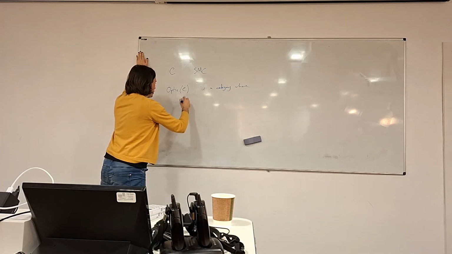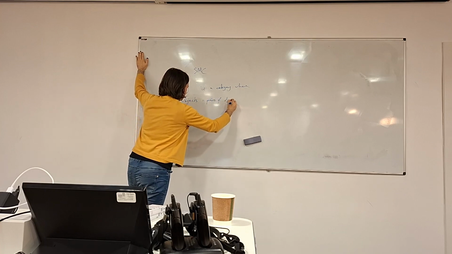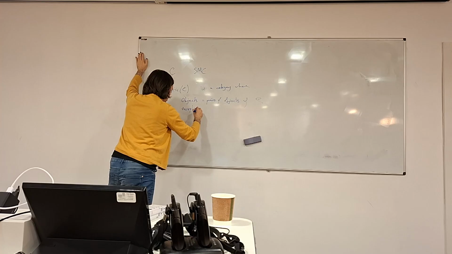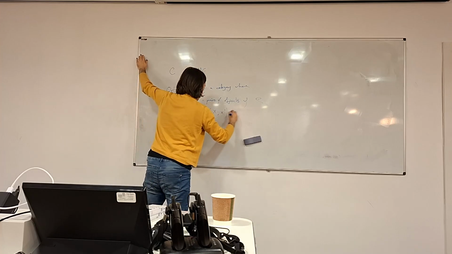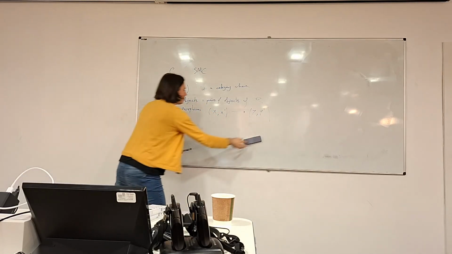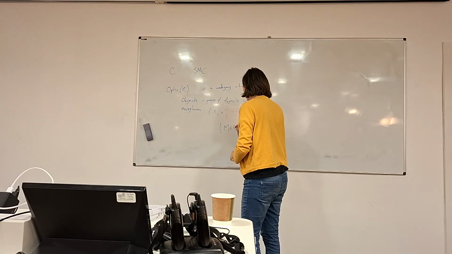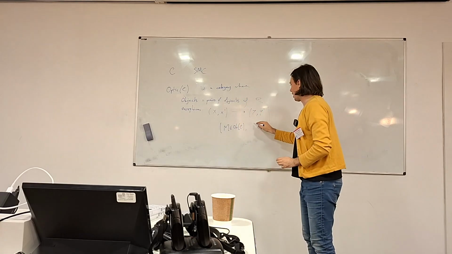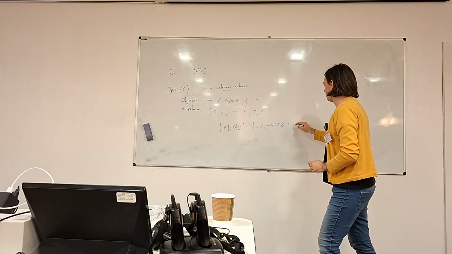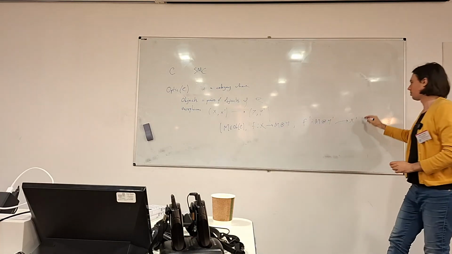So objects are going to be the same as in lens C, pairs of objects of C. And so morphisms from (x, x') to (y, y') are going to be triples of an M, which is an object of C, an f which goes from x to M tensor y, and an f' which goes from M tensor y' to x'.